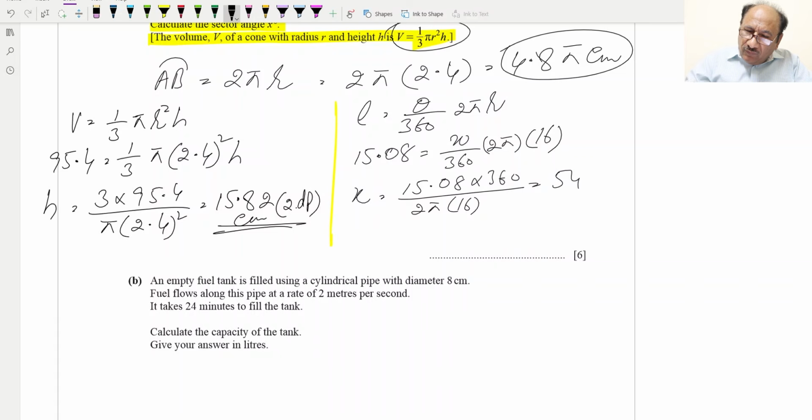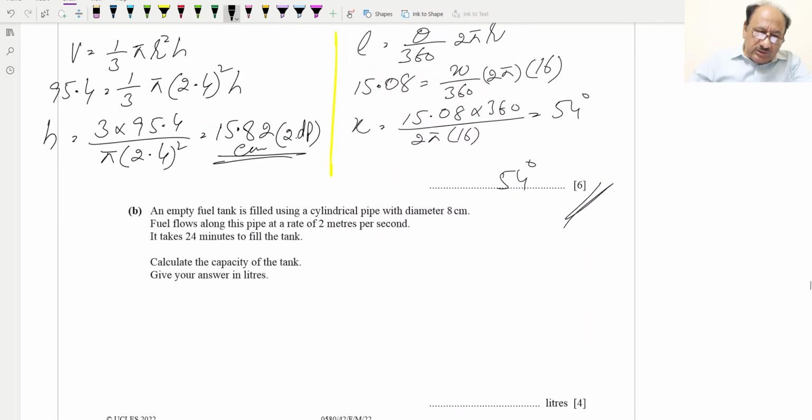So 54 degrees will be our final answer for part A, and this was a 6 marks question. Hopefully you understood this. Now we can move to the next part, B.